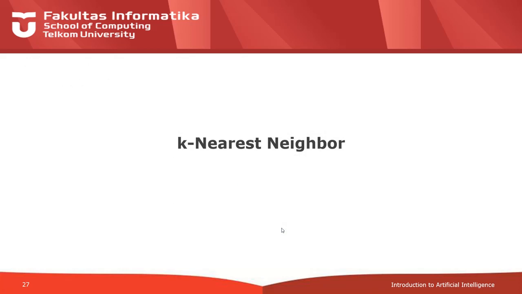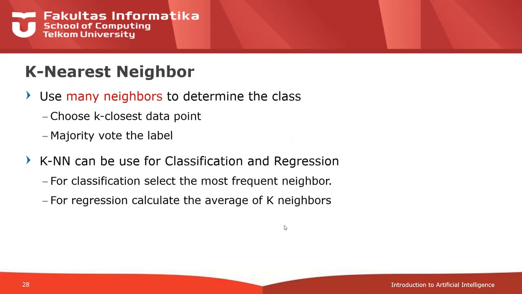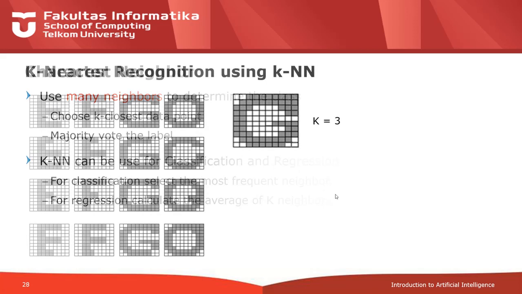So nearest neighbor is one nearest neighbor, and then when we add K, that means we choose many neighbors. We choose several neighbors to determine the class. So basically the neighbors do the voting.